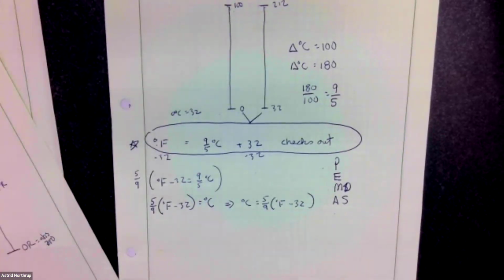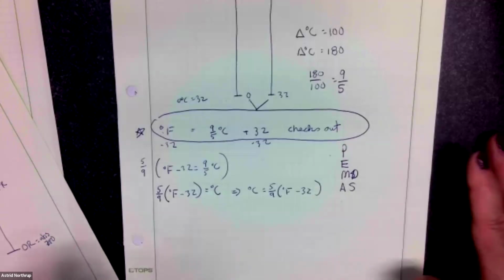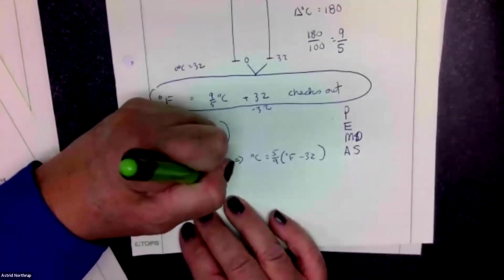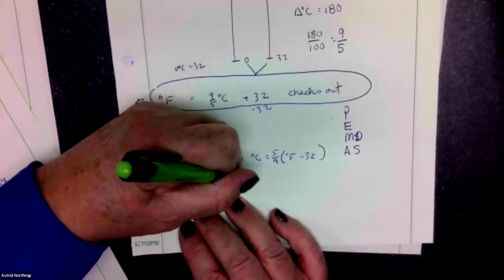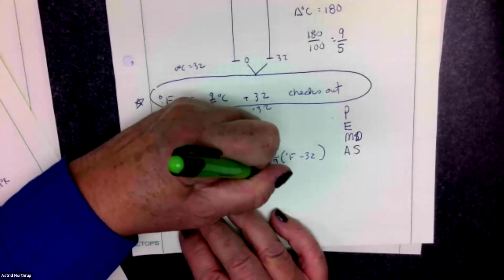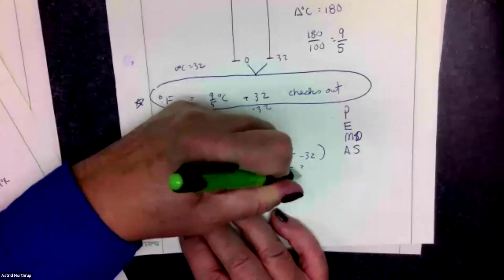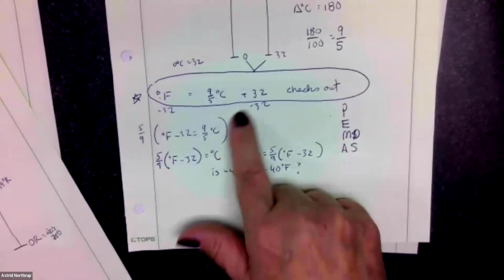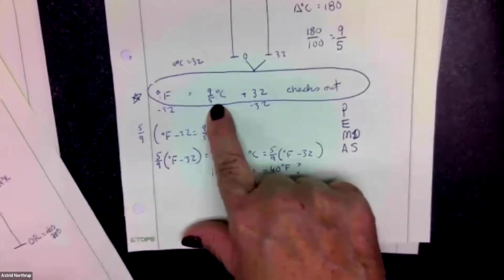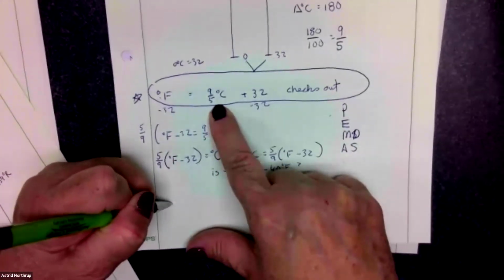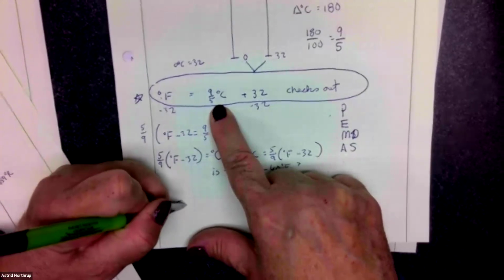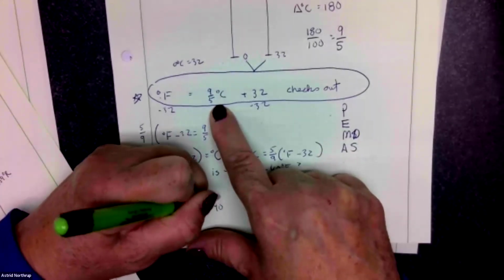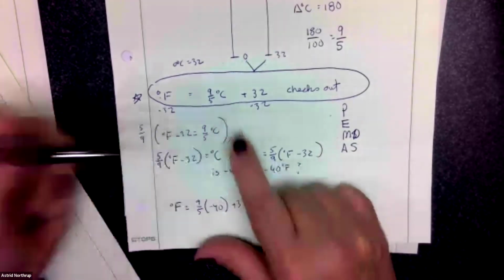All right. You can also check this out just for fun. Is negative 40 degrees centigrade equal to negative 40 degrees Fahrenheit? Well, the way that we can check it is just to plug in negative 40 into either of these equations. This one's easier to me. So I'm going to say, how many degrees Fahrenheit is 9/5 times negative 40 plus 32?